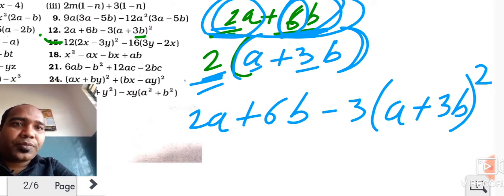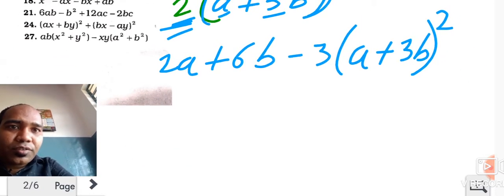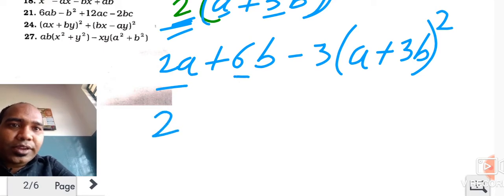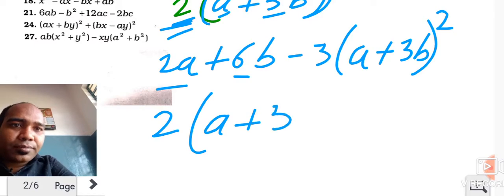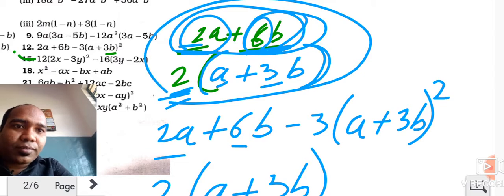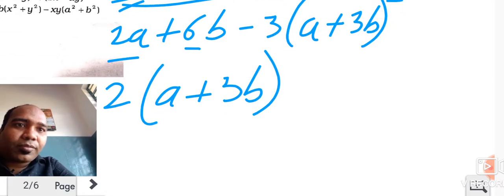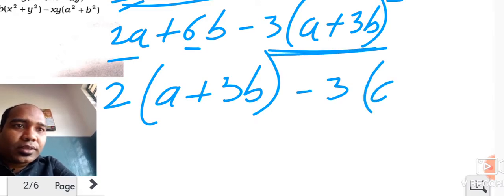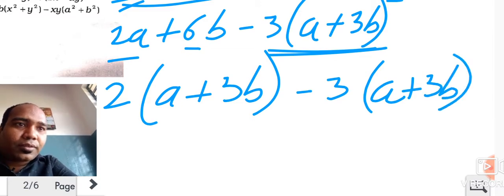Now I told you 2a plus 6b becomes 2 common and a plus 3b here. So this much we are getting. Then minus 3, this part we will write here, minus 3 into a plus 3b whole square.